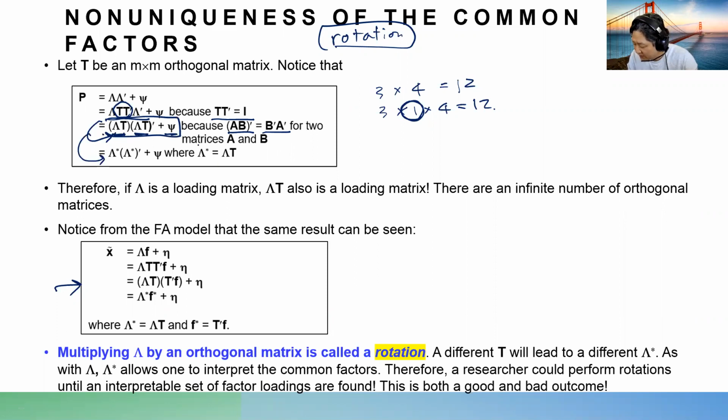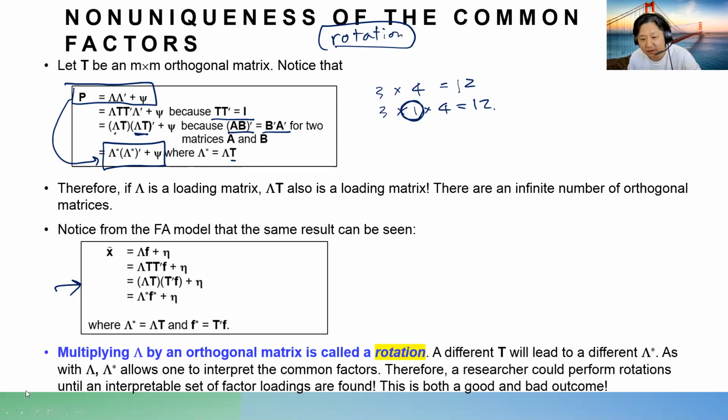Let's say lambda times orthogonal is new lambda. It's right here, and then new lambda transpose and psi. So this relationship can be rewritten.